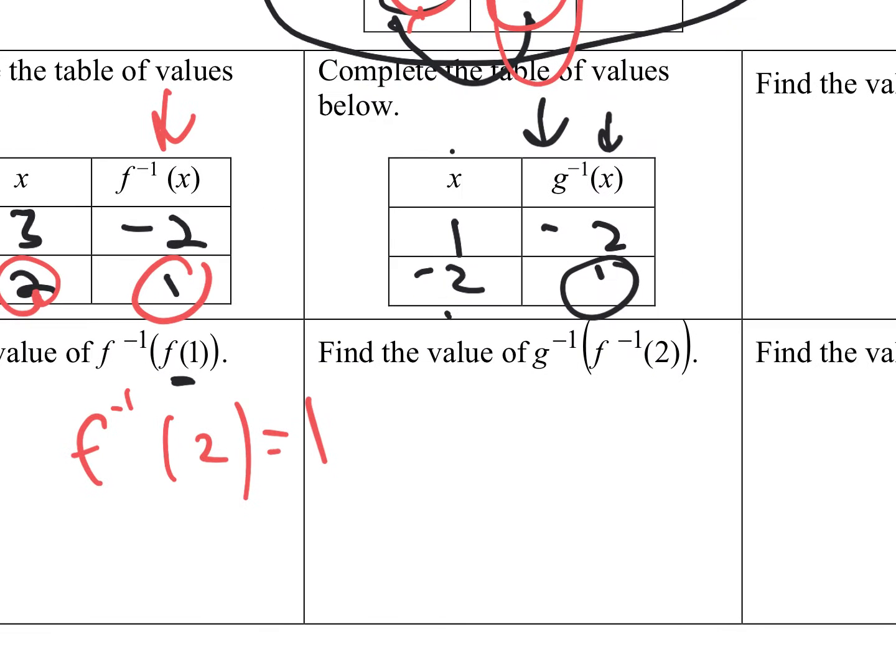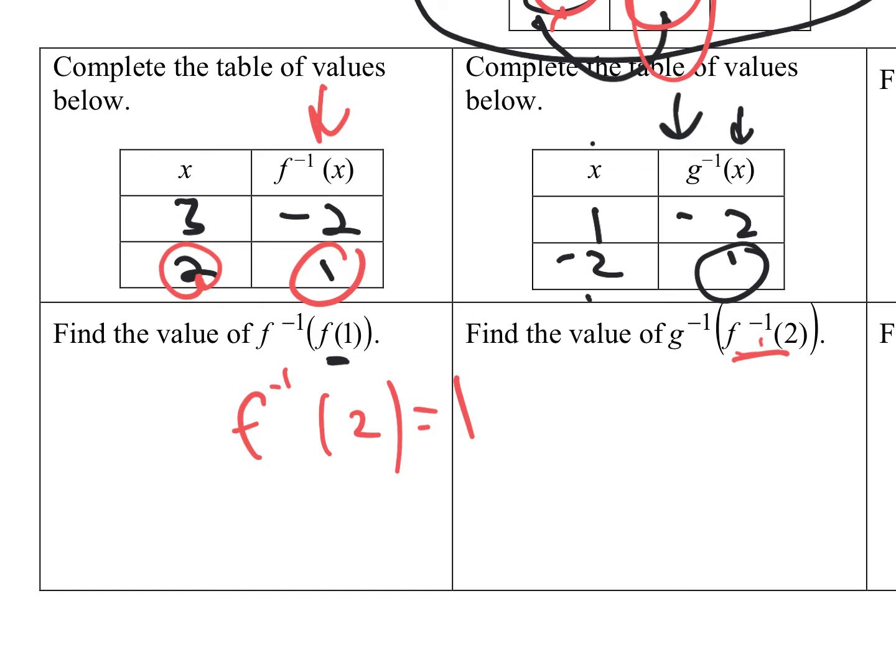Moving on. It's getting uglier. You got 2 inverses. G inverse of f inverse of 2. So if you want to just keep it simple, go to the f inverse table and find the x value, that's 2, since you're looking at the f inverse table. Here's the f inverse table, and the x is a 2. So it points to a 1.